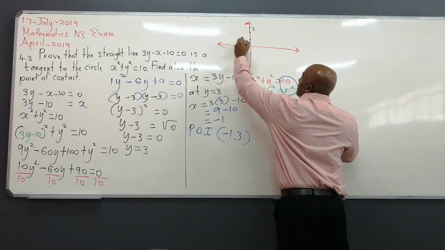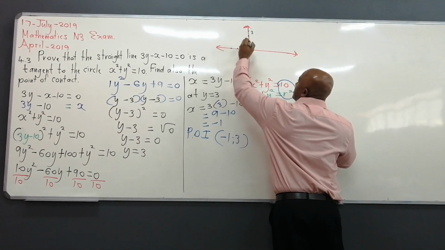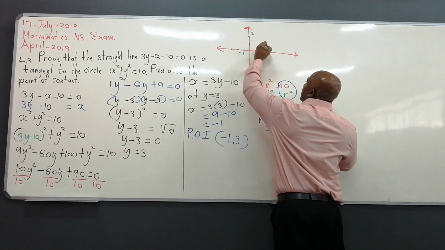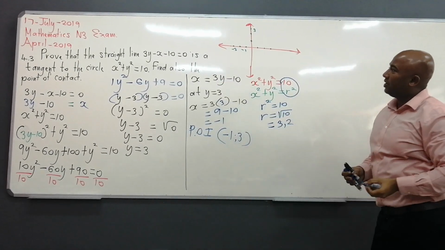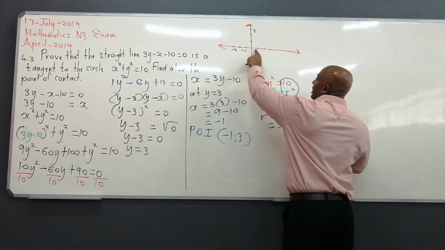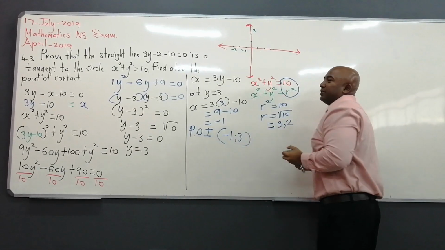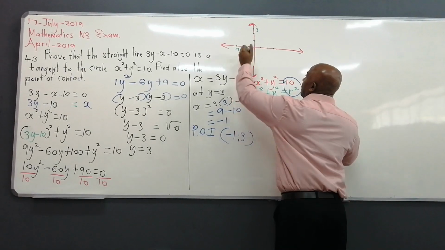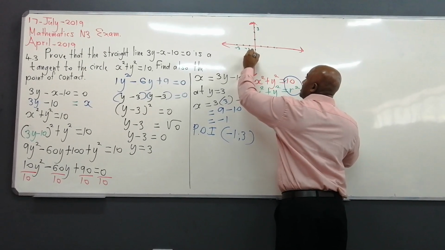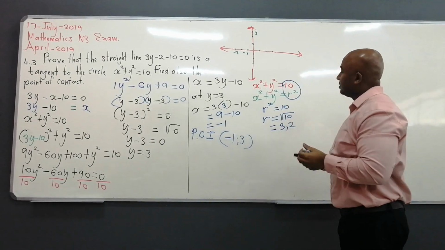Then that's minus 1, minus 2, minus 3, so that's 1, 2, 3 there. So 3.2 is somewhere around there. If I'm going down, minus 1, minus 2, minus 3.2.